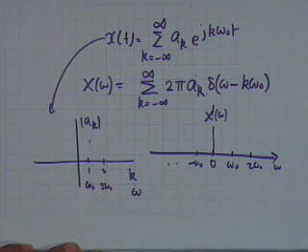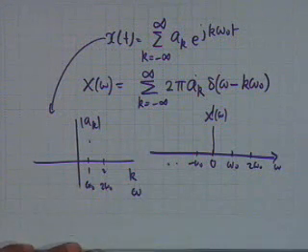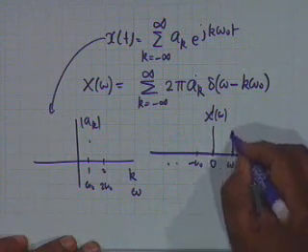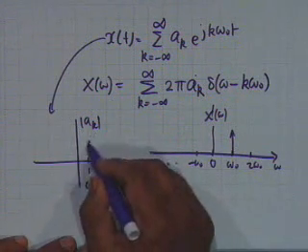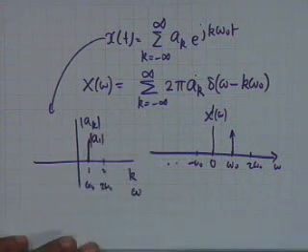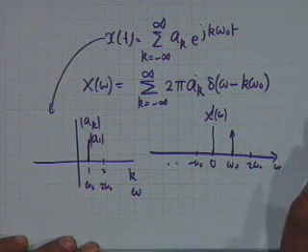At each frequency, however, you don't have a line now, you have an impulse. The line here would have been of magnitude, let's say, a_1, whereas the impulse now is of strength 2 pi times a_1.